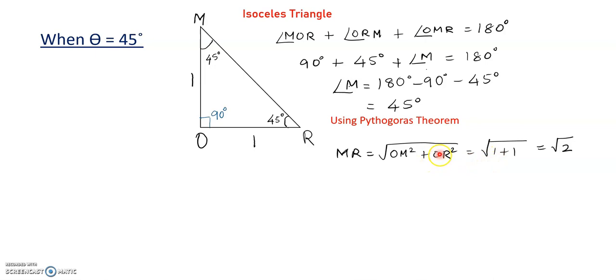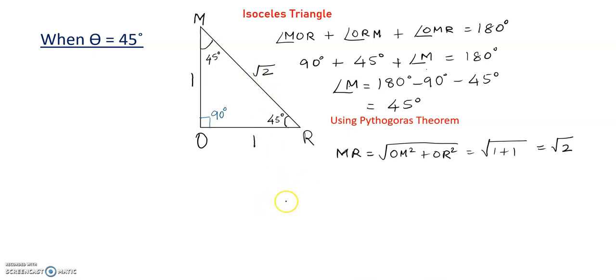And then let's go for OR squared. OR squared is also 1 squared. So substituting that value here, you get square root of 1 plus 1, which is equal to root 2. Excellent. So now let us mark this side as square root 2.